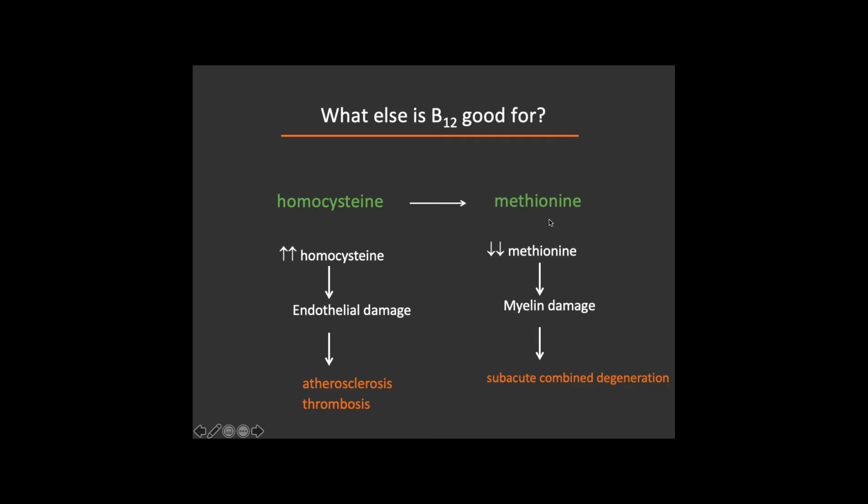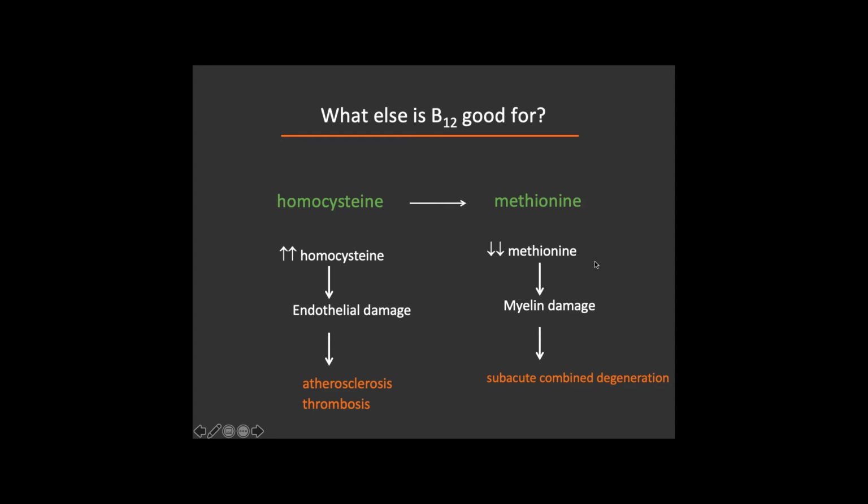The reason you want homocysteine to turn into methionine, well, there's a number of reasons, but one of the big reasons is that elevated levels of homocysteine have a direct correlation with cardiovascular disease. So the higher the homocysteine levels, the greater the endothelial damage, and so atherosclerosis can increase and thrombosis can increase.